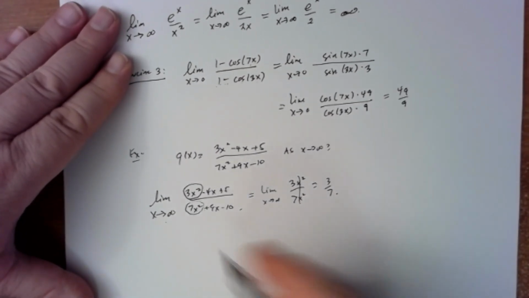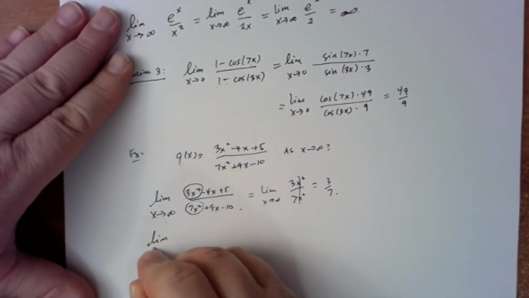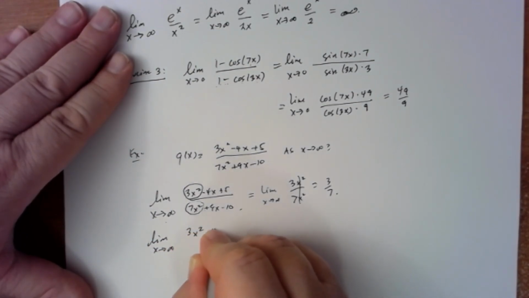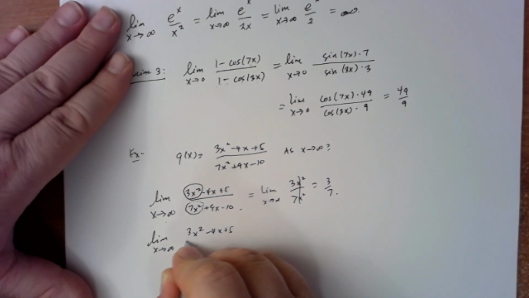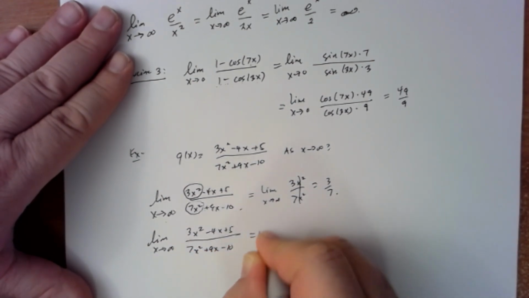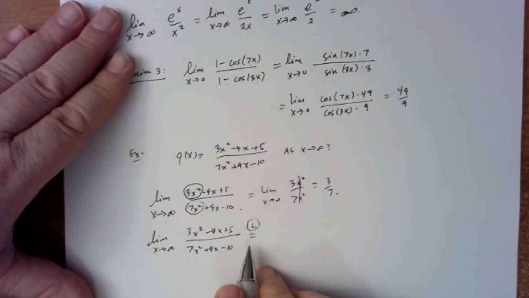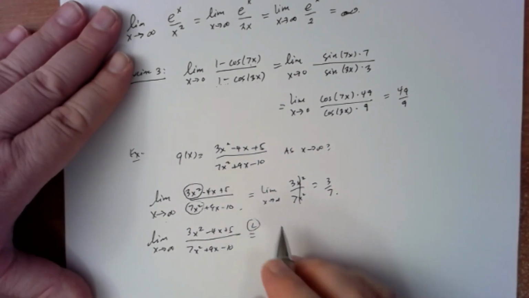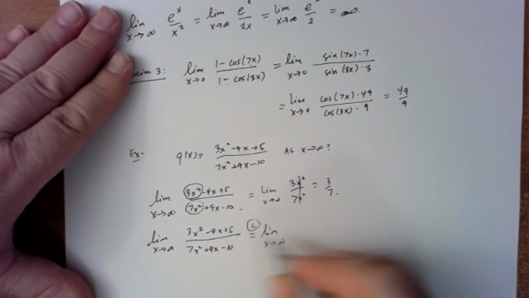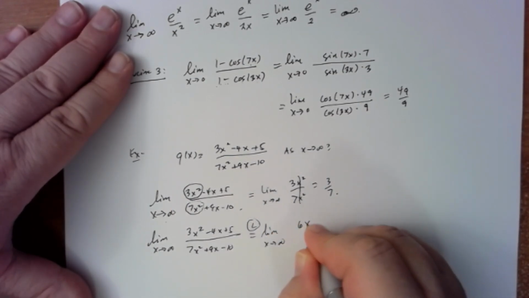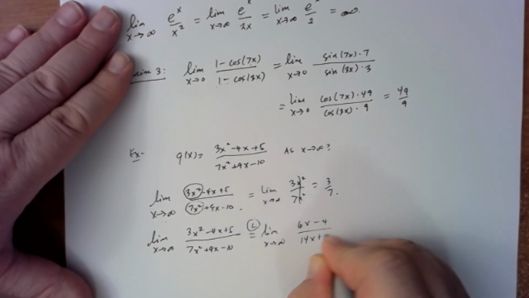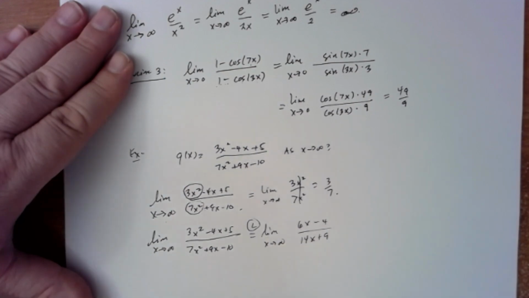This is the section on L'Hopital's rule, so we can apply L'Hopital here. Let's just see what happens when we do apply L'Hopital. We'll abbreviate L'Hopital's rule with that L. That's going to be the limit as x goes to infinity. This is infinity over infinity, and so we get (6x - 4) divided by (14x + 9).